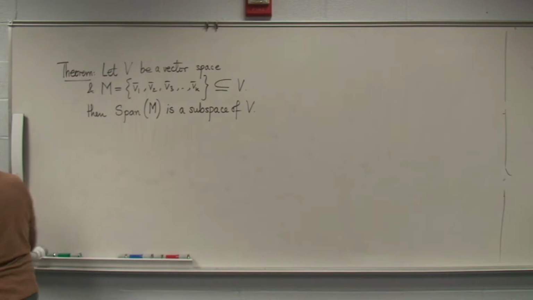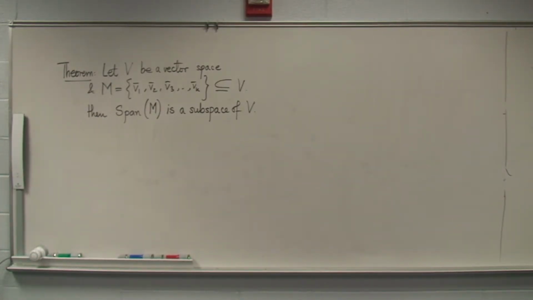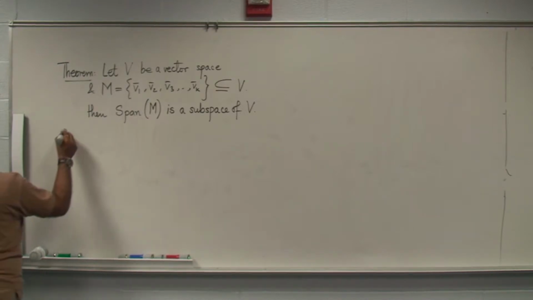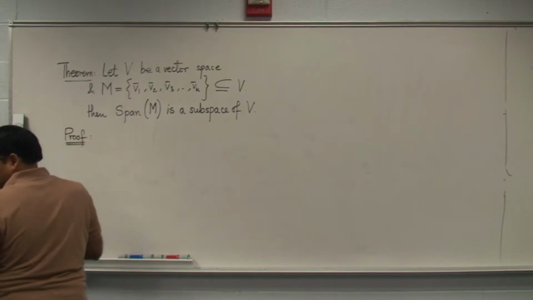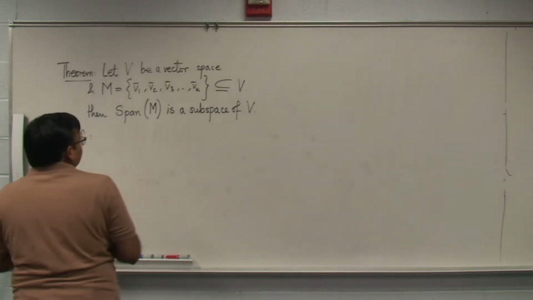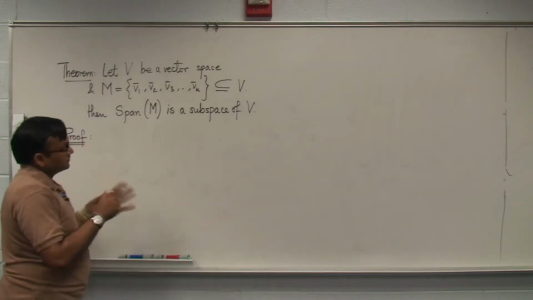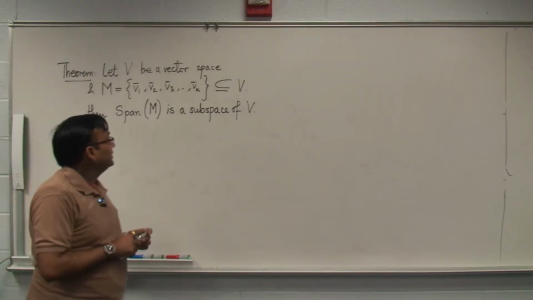As you will see, the proof is now fairly straightforward since we have some experience with dealing with subspaces. So we'll see how the proof goes. But notice one thing I have not mentioned in the statement of the theorem. Try to see what is not mentioned over here.